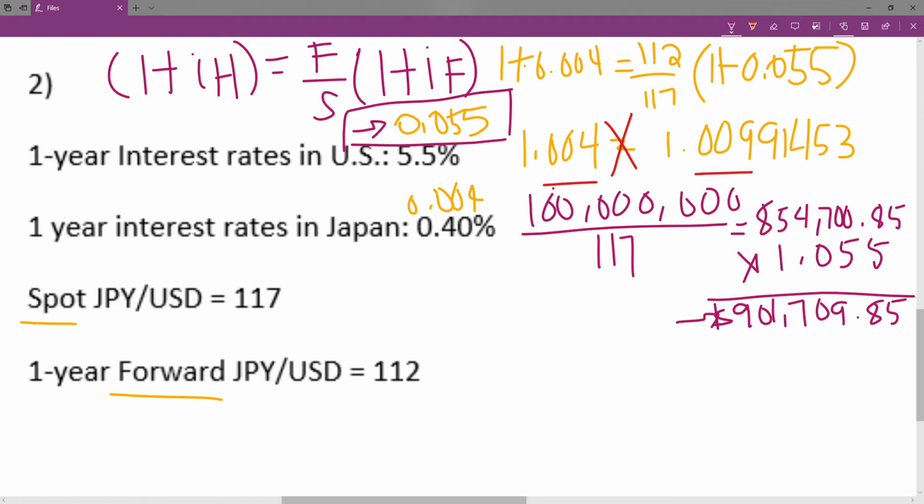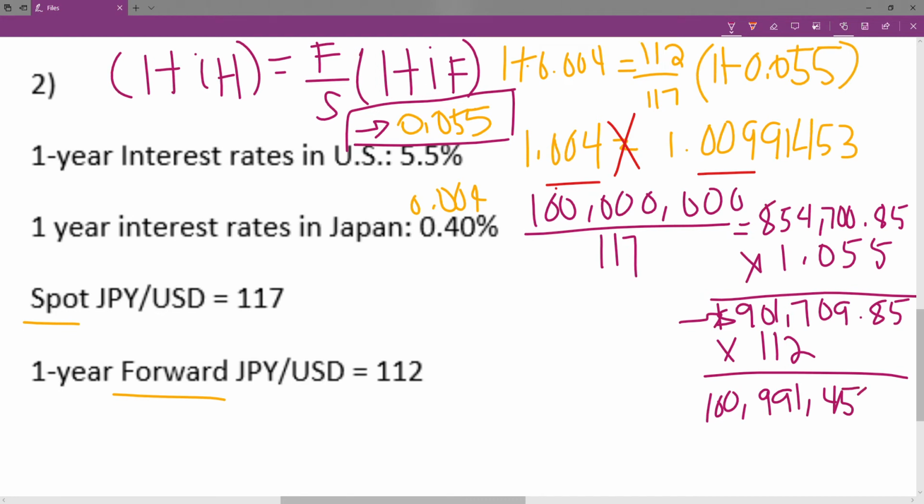So 1 year later, we're selling our $901,000 at the forward rate. So we would then multiply $901,000 by 112, and then that will give us 100,991,453. Okay? And so this is what we make off of investing our money, correct?